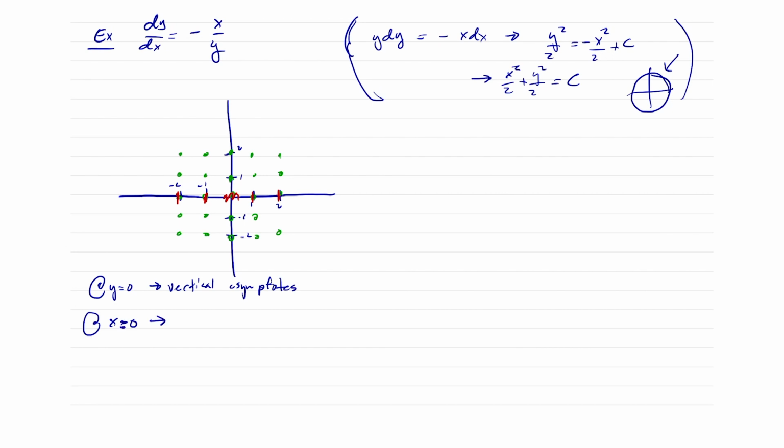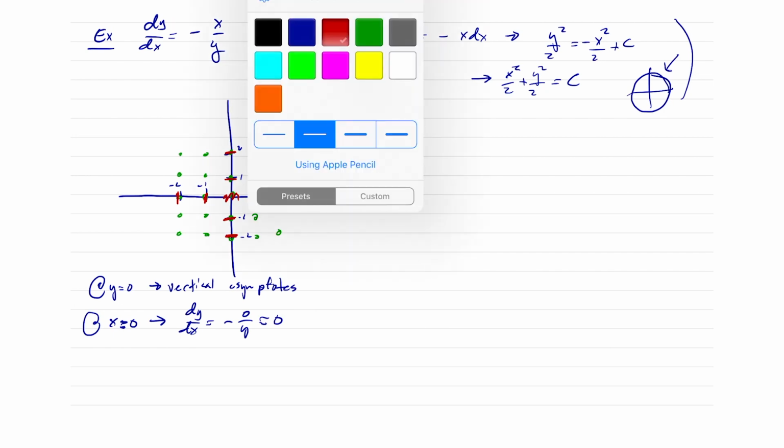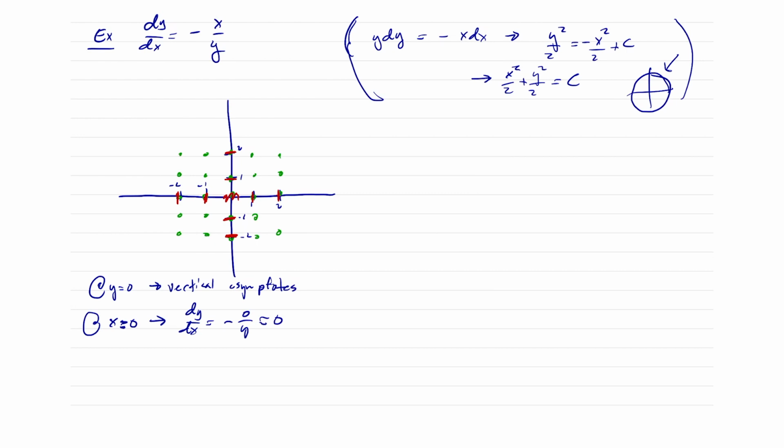Well, then this is going to give us dy over dx is equal to minus 0 over y. And so this is going to be 0 no matter what y is, with the exception of y being 0. And so that tells us that we're going to have flat slopes all through here.